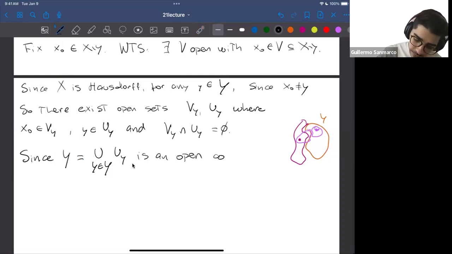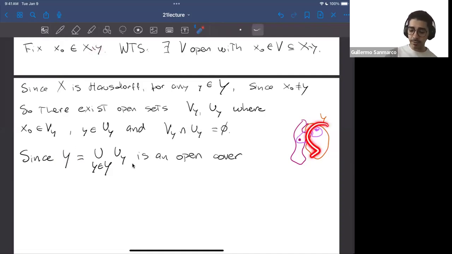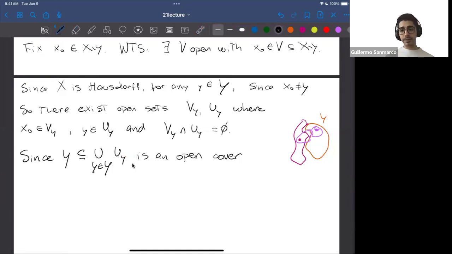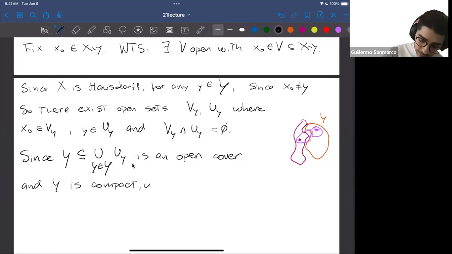And now we can use that Y is compact. Sorry, I was saying something that's not okay. This Y here is a subset of X, so these U_y's are open in X, and this equality is not true. The only inclusion that's true is this one. But that's okay, because these are open sets in X. And we know from a lemma the last time that since Y is compact, we can just take finitely many of those.